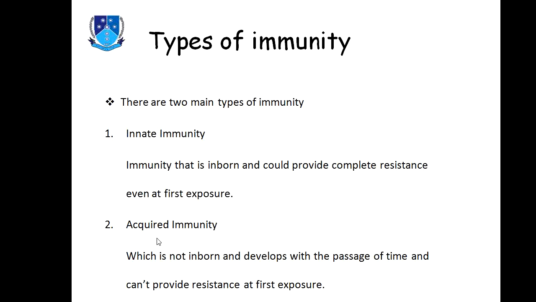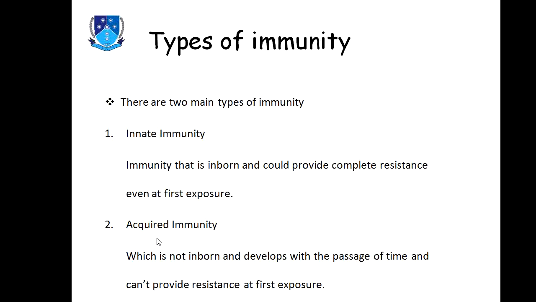Acquired immunity is not inborn; it is acquired during the passage of life, during the lifespan, and developed with the passage of time. It can't provide resistance at first exposure. The acquired immunity starts development after the first exposure, and during the second exposure the acquired immunity is fully functional, which could provide immunity against that organism.